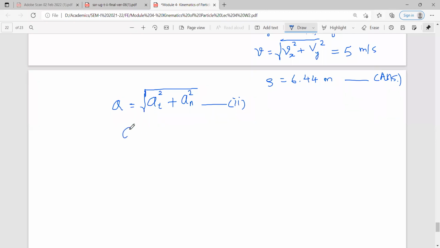We have the formula for the normal component. Normal component is given by v square upon radius of curvature, right?